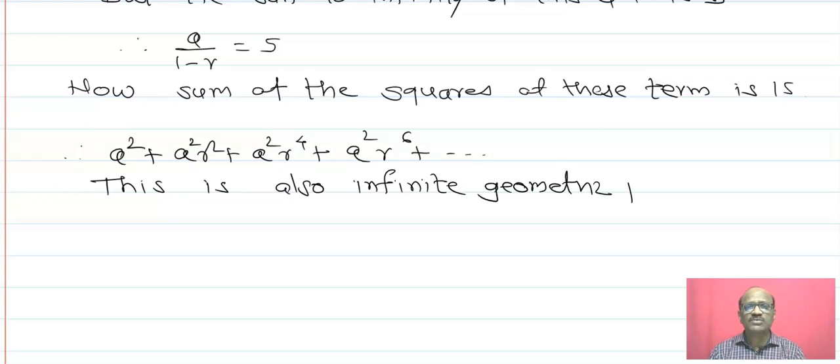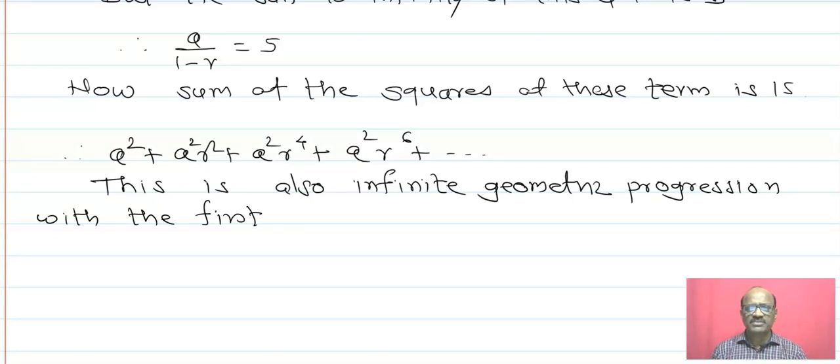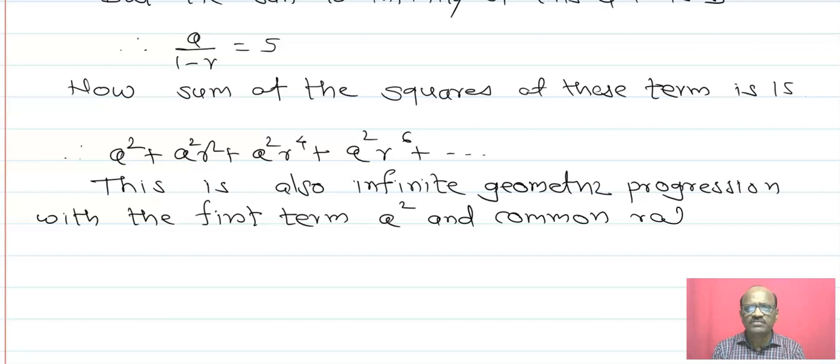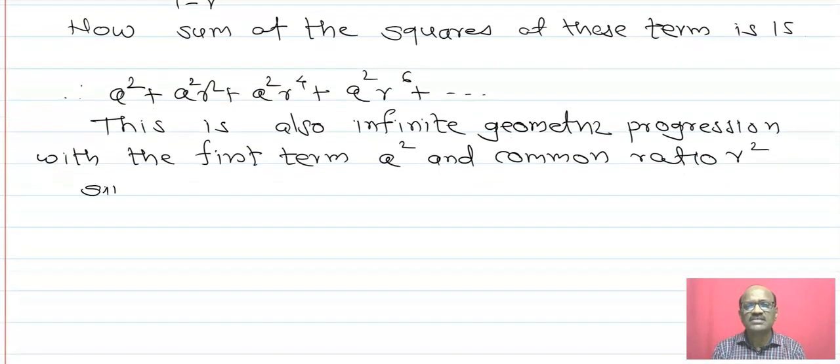This is also an infinite geometric progression. This is very important: whatever the given terms, make their squares and add these. It is an infinite GP whose first term is a square and the common ratio is r square.